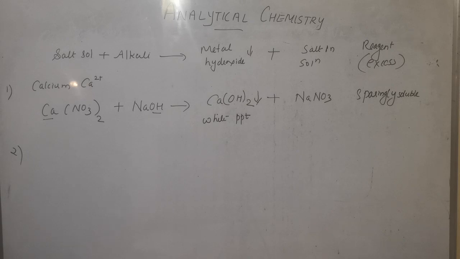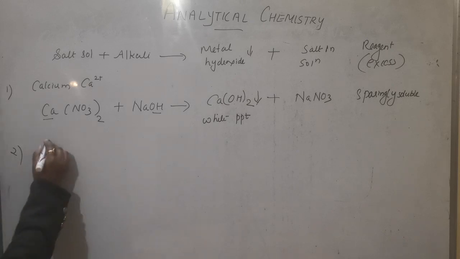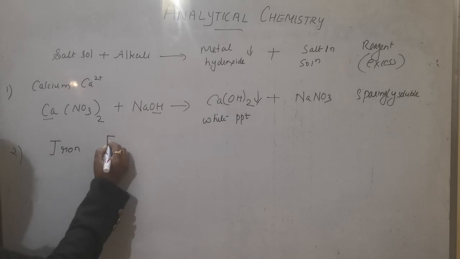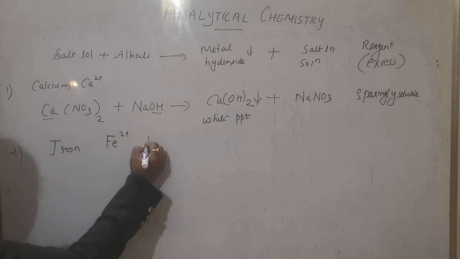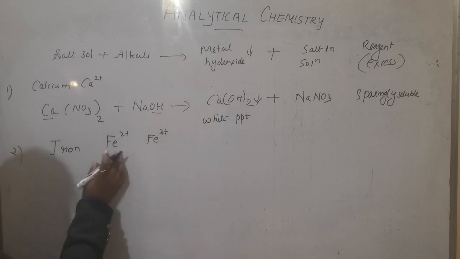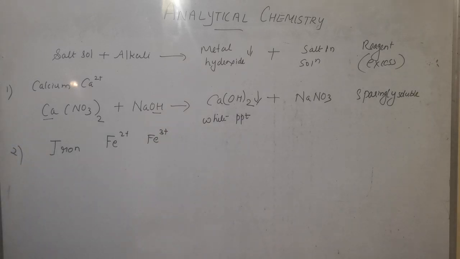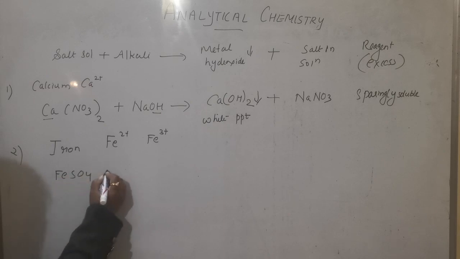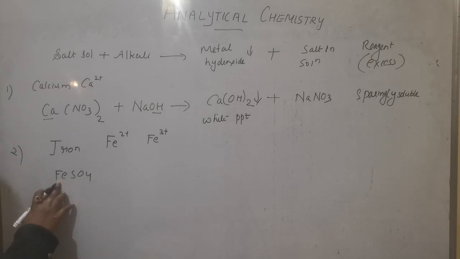Second, we'll take iron. And we know that iron forms salts in two states, Fe2+ and Fe3+, ferrous and ferric. So first we'll take ferrous sulfate, and ferrous sulfate is light green in color.